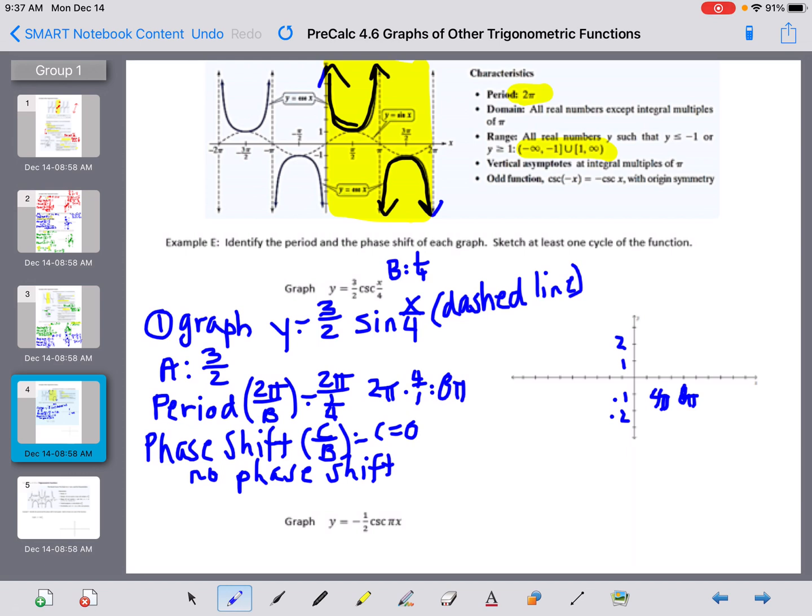Because there's no phase shift, sine always starts at 0, and it's going to end at 8 pi. We go up to our amplitude on the first one, which is 3/2, back down to the center, and then down to our amplitude.